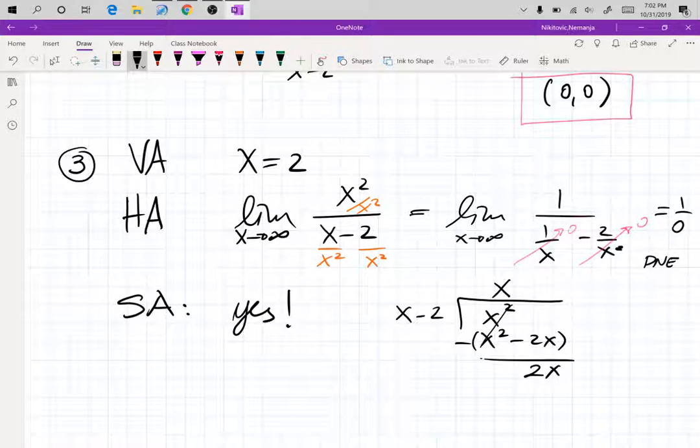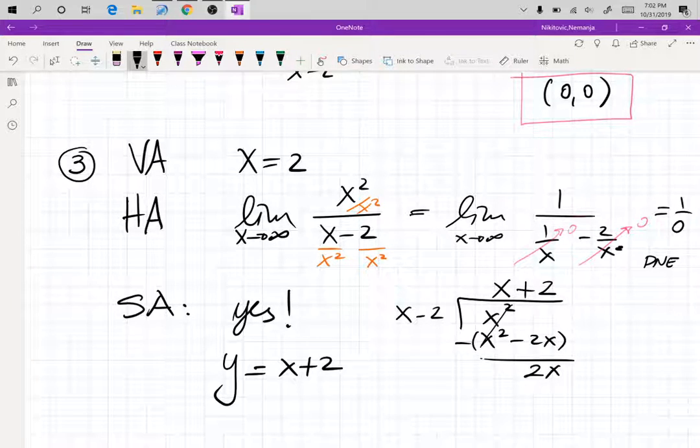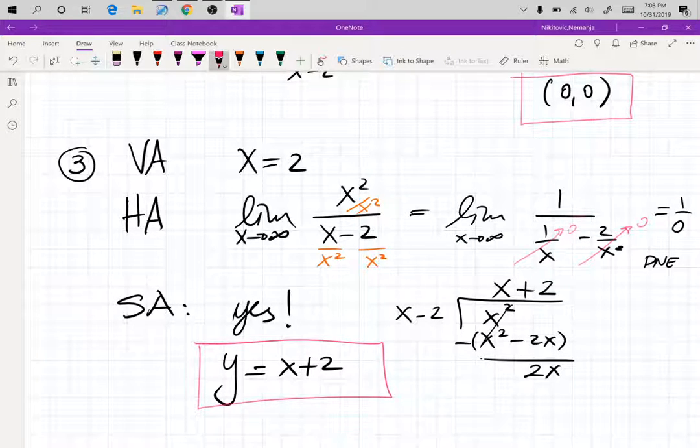And then x goes into 2x plus 2 times. And there's your slant asymptote, y equals x plus 2. Long division of polynomials to get this particular value.